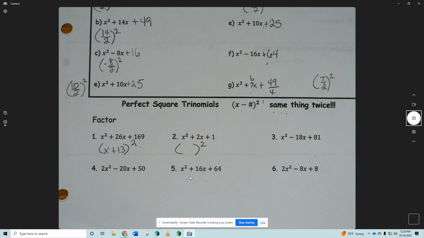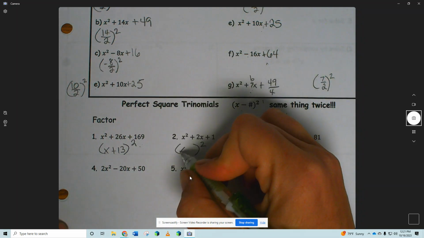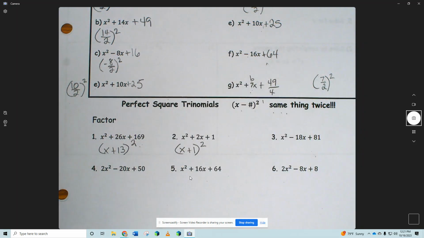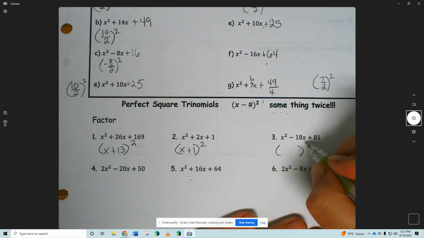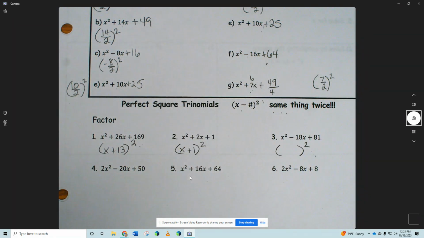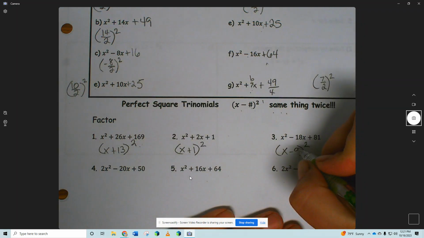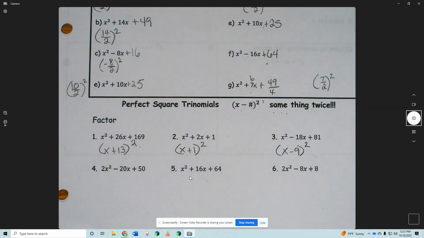Like I have to have an X. X plus 1. Okay. Number 3. You're basically doing 18 divided by 2. That's the number that goes in the parentheses. X minus 9. Good. And I like the subtraction sign because that makes negative 18.